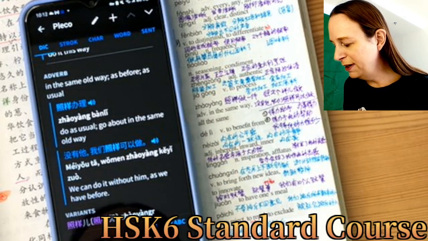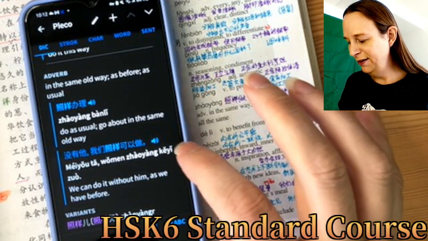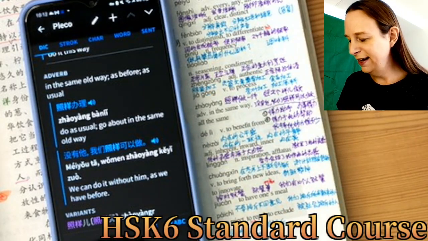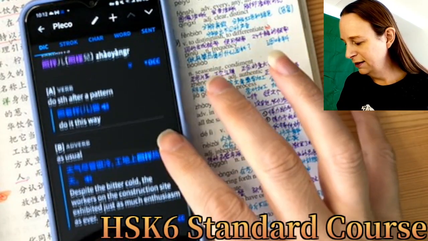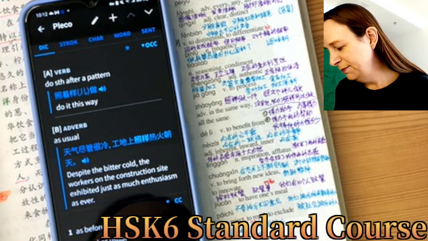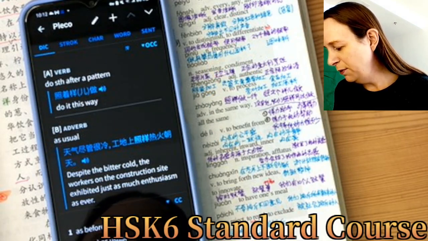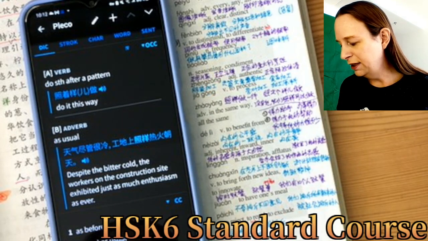Yeah, 没有它我们照样可以做。Okay, so without change, right? 照样。天气尽管很冷，工地上照样热火朝天。All right.